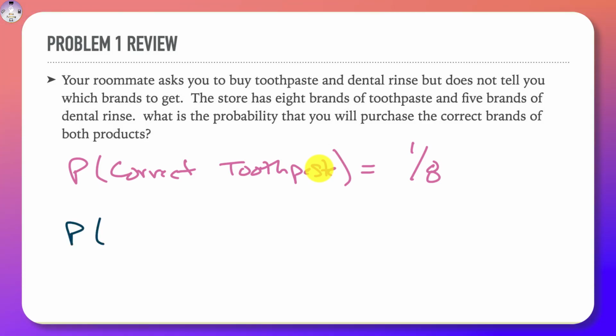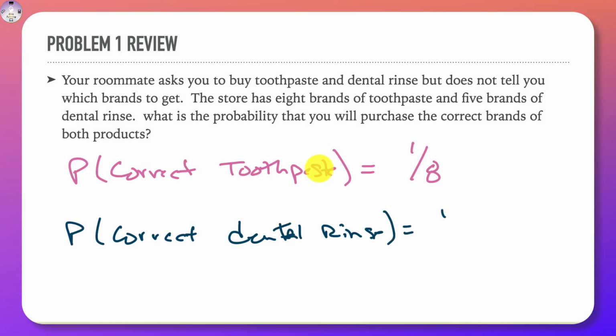So the probability of getting the correct dental rinse, boy, I'm losing my writing on this iPad. One second. Dental rinse, there's only one correct choice because your roommate only likes one particular dental rinse. And there were how many selections of those? There were 5. So it's 1 out of 5. Okay?